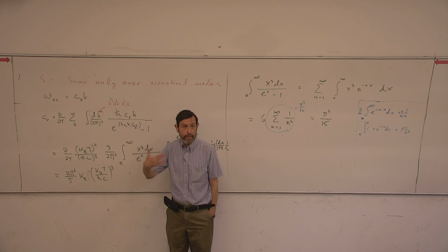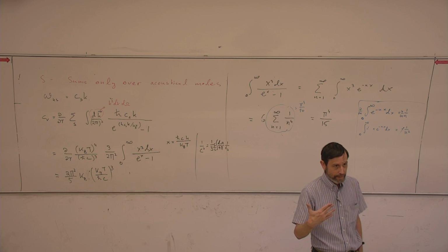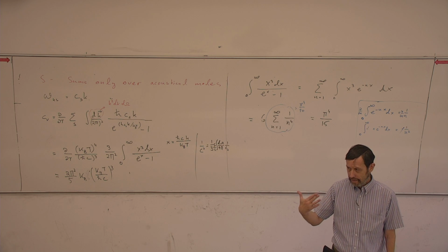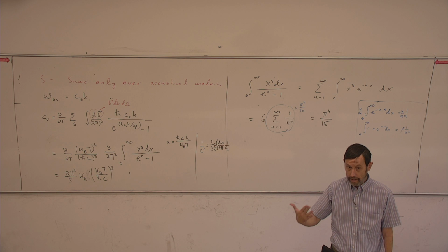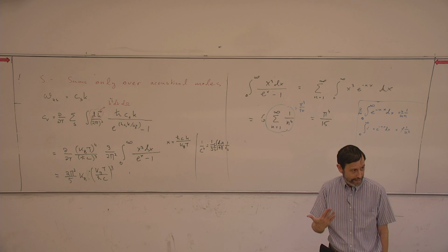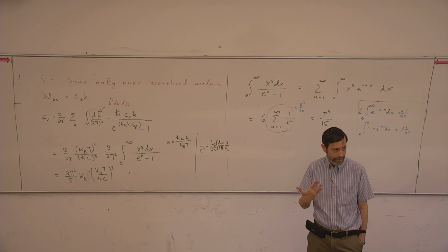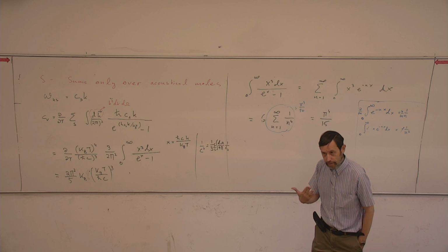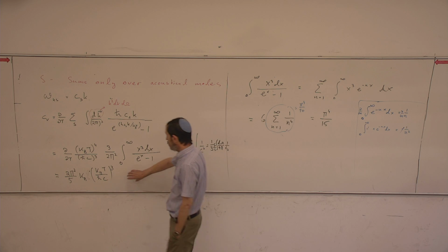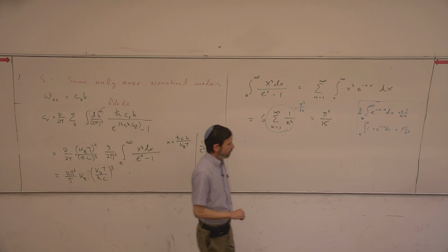What does heat capacity at the end of the day mean? How much energy you need to invest to raise the temperature of the system by one. And at the beginning, it's very hard to do it. So this is a radical divergence from the classical behavior.